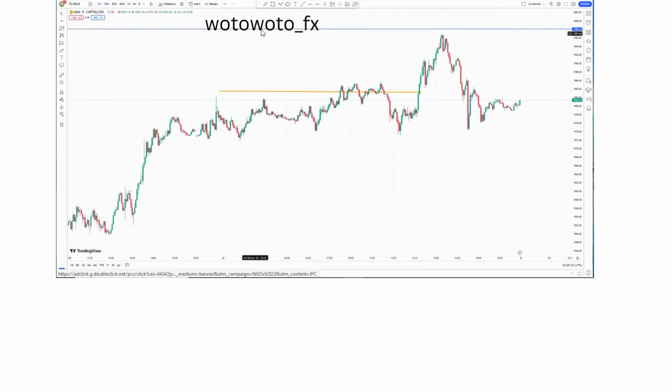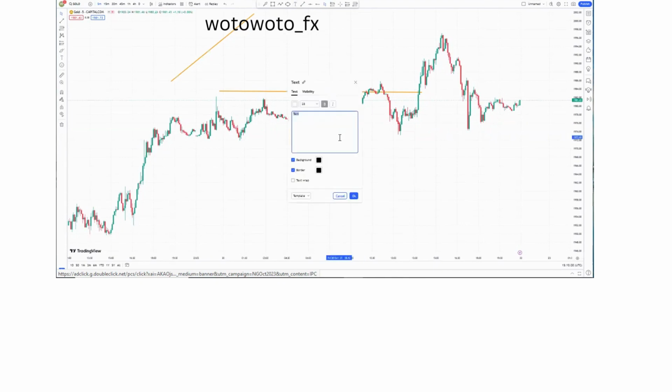Then we have a slanty or diagonal support and resistance. So these are the two types that we have: the horizontal and the slanting. Now I would want to elaborate more on the types, but I'll be starting with the horizontal support and resistance.